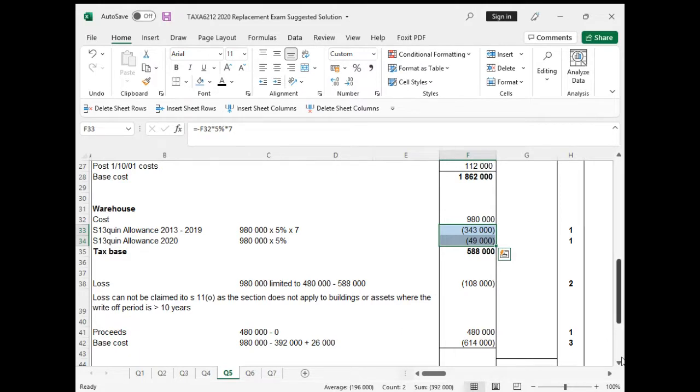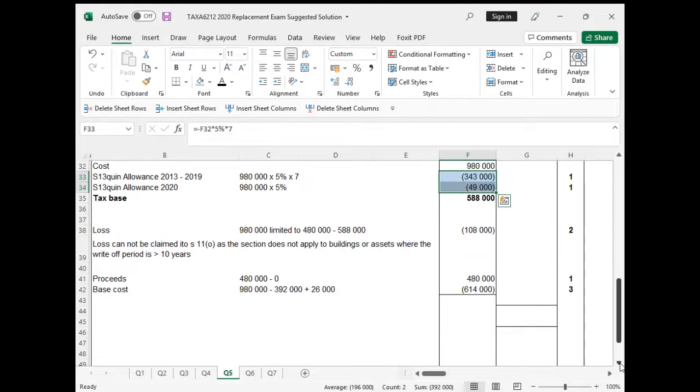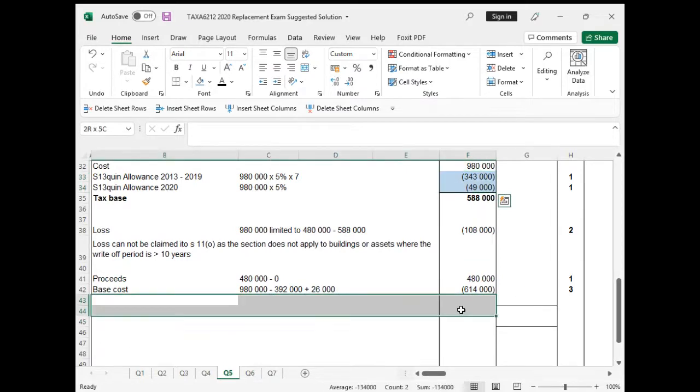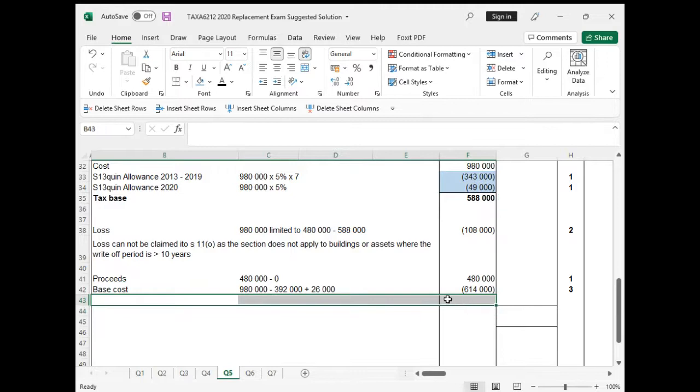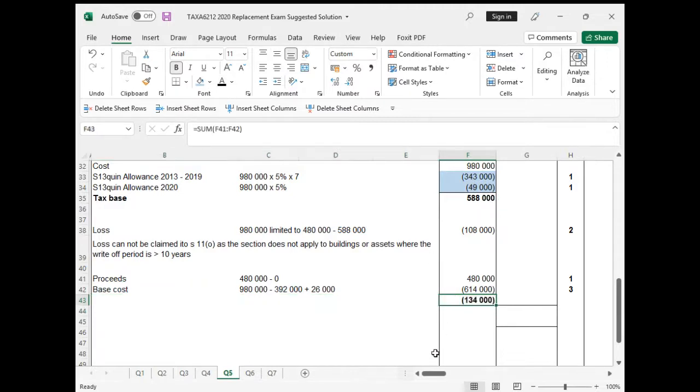You add that to the base cost to get a base cost of 614,000. So the loss that I've made now, based on the capital rules, is 134,000.